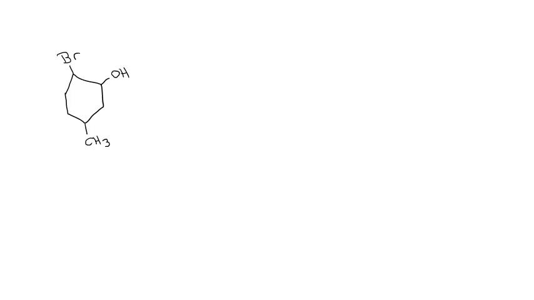Parent chain that's longest continuous is that cyclohexane ring. So for naming, what ordinarily would be cyclohexane, the E is going to get dropped, and we're going to name the parent as cyclohexanol.